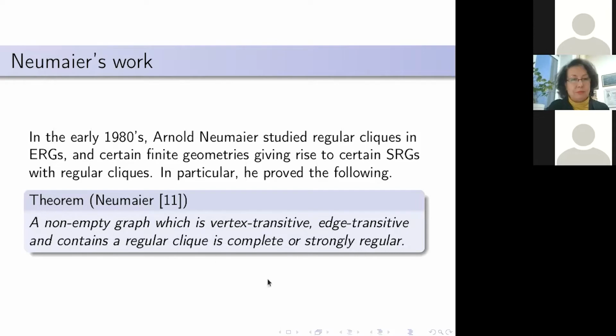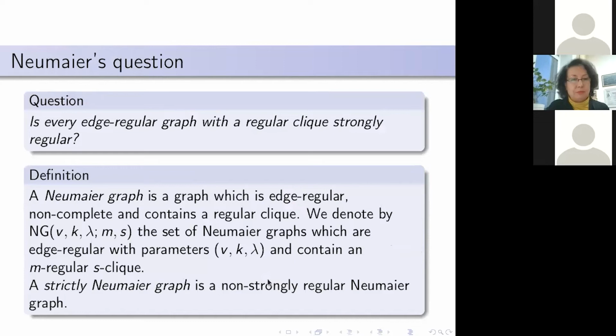And this motivated him to ask the question, is there any edge regular graph with a regular clique, which is not strongly regular, or is every edge regular graph with a regular clique strongly regular? So that's where the definition comes from.